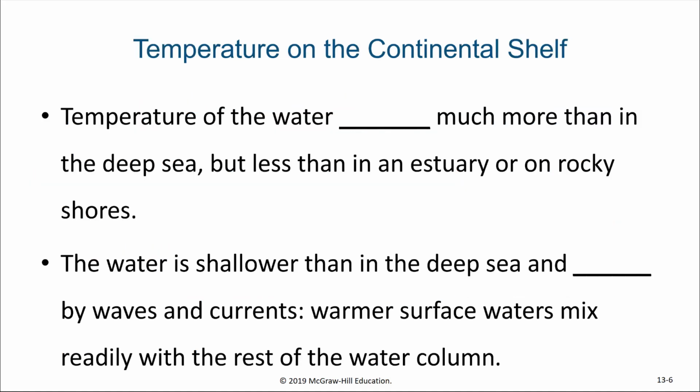On the continental shelf, the temperature of the water varies much more than out in the deep sea, but less than we would see in an estuary or on rocky shores. The water is shallower than in the deep sea and is mixed by waves and currents. Warmer surface waters mix steadily with the rest of the water column, and that's because even though it seems quite deep to us, it is shallow enough that the current and the winds are able to mix the waters.